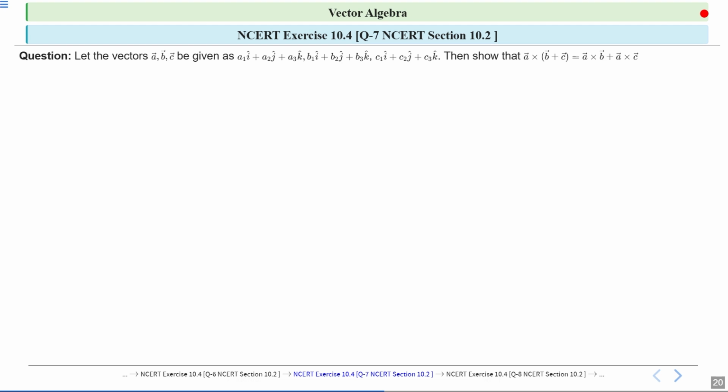The question asks us to show that A vector cross B vector plus C vector is equal to A vector cross B vector plus A vector cross C vector. This is an example of the distributive property of cross product in vector algebra. Let us see how we can solve this.